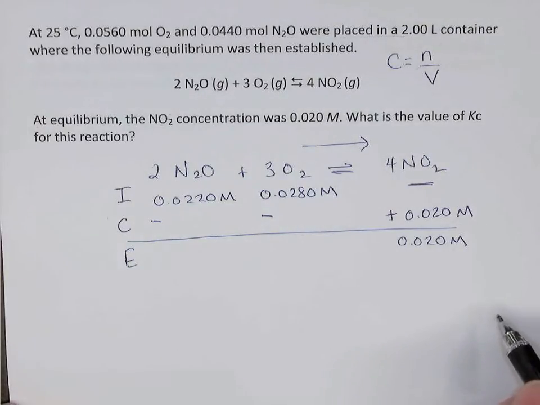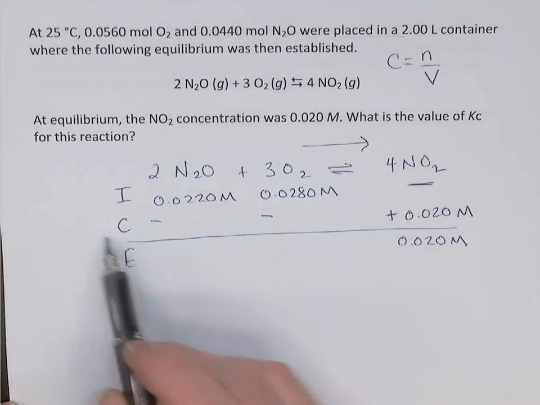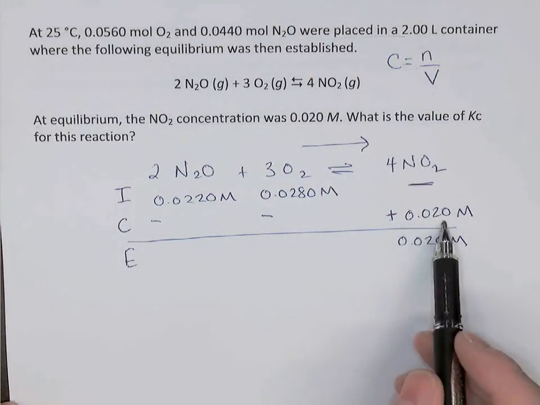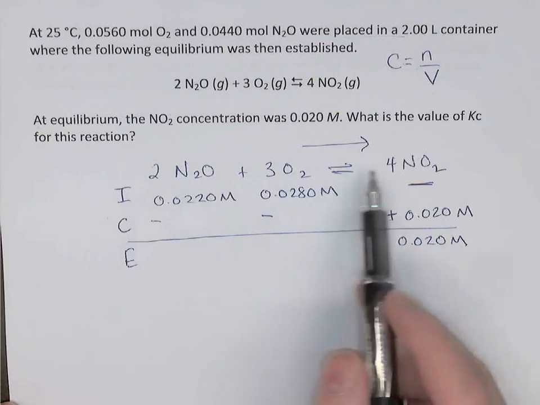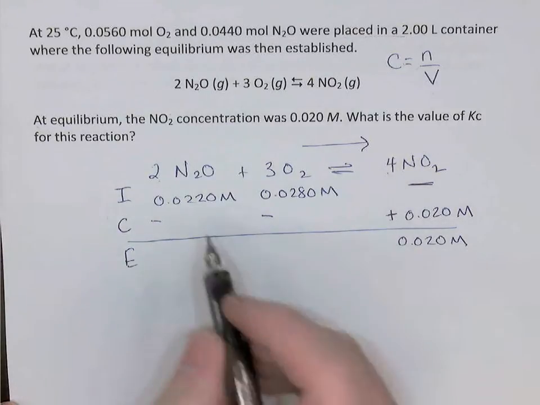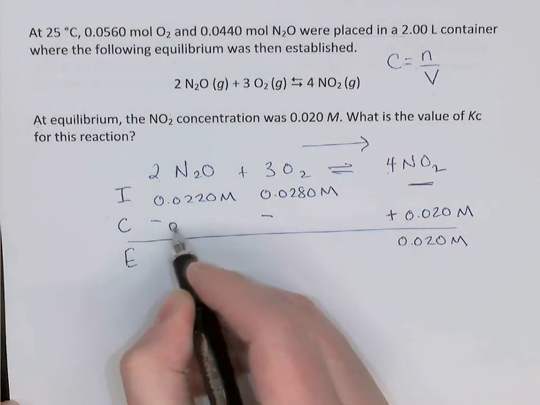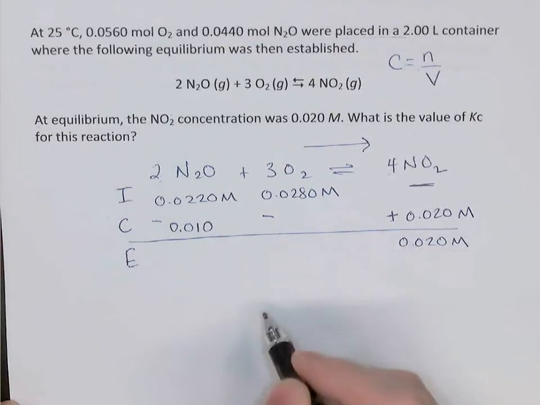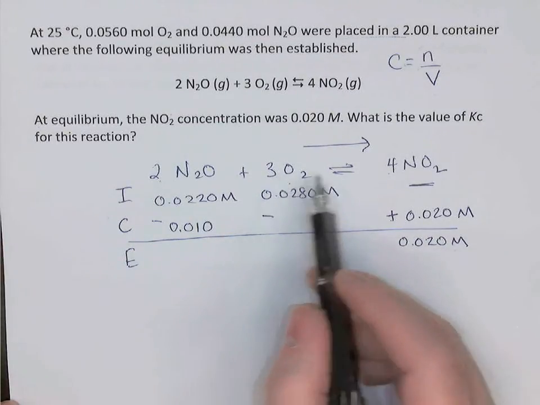in the forward reaction. The ratios are very important, so the change line we can now fill in because we know one number now on the change line, and we see the ratios 2 to 4, so 2 N2O for 4 NO2, so it's going to lose half as much as the NO2 gained. So the NO2 gained 0.02, this will lose 0.010 molarity. The oxygen's a little bit harder. You can say 3 to 4.